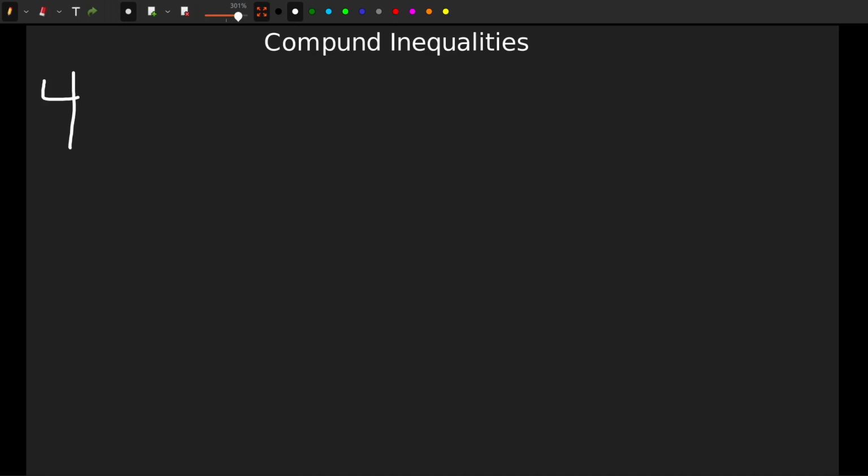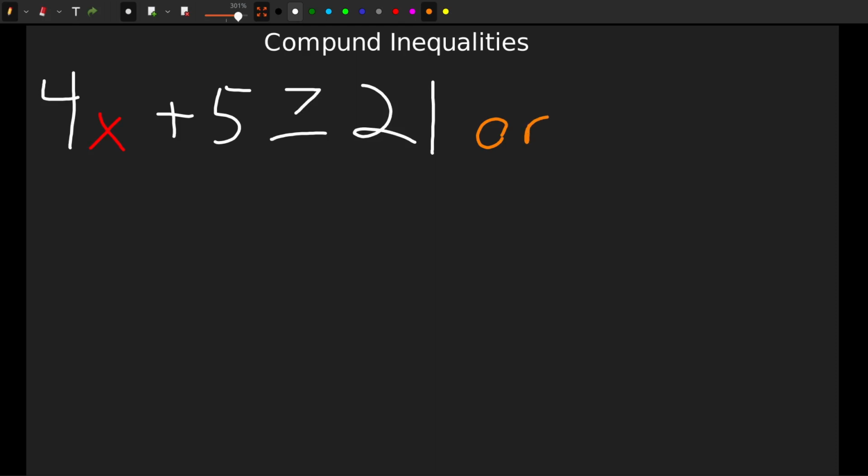We have 4x plus 5 is greater than or equal to 21. Or, and there's the OR symbol, we have 3x plus 7 is less than 10.